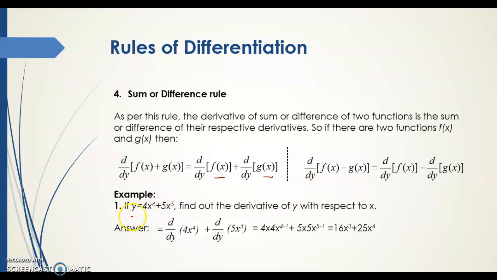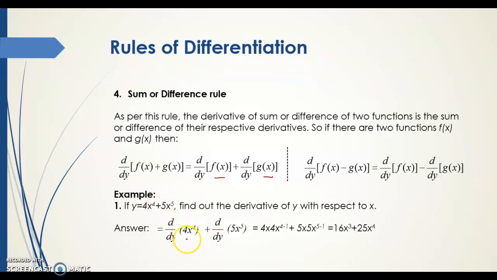So for example, your function is given as y equals 4x raised to power 4 plus 5x raised to power 5, and you have to find the derivative of y with respect to x. So we'll calculate the derivative of 4x^4 and separately the derivative of 5x^5, and since there is an addition, we'll simply add them up.